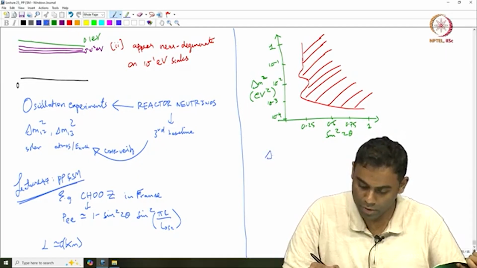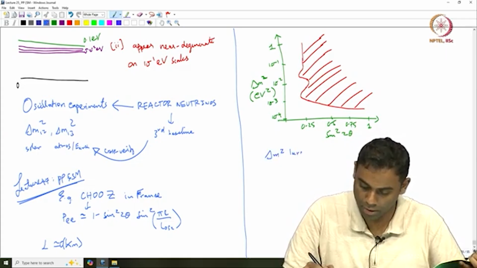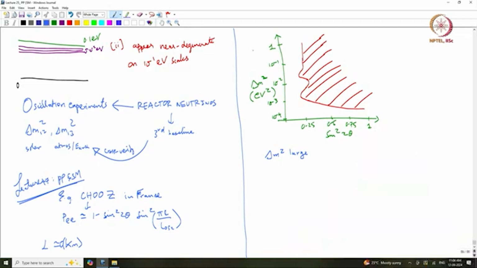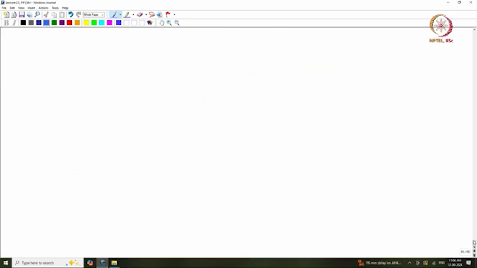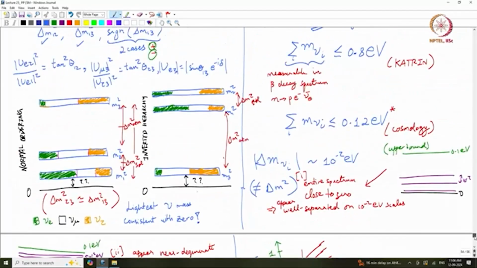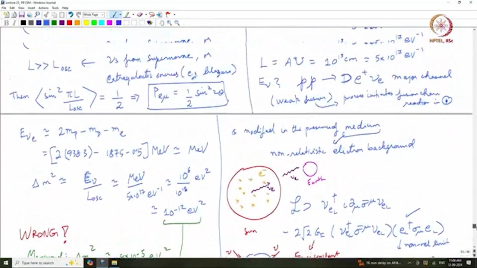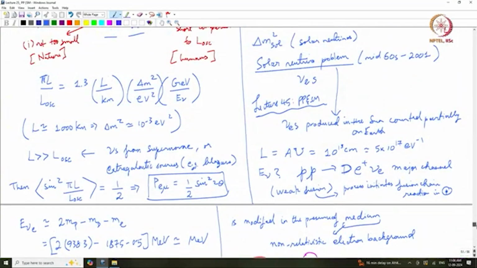What happens if delta m squared is large? So we are over here in this region, up here. Okay. Go back to what this oscillation length is, if I can find it. Yeah, there you go.